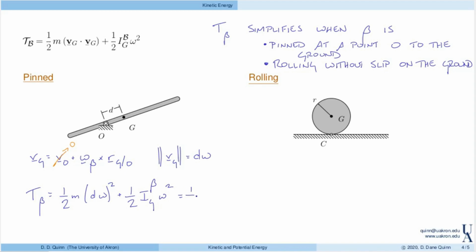So I can factor that out, and I get m d squared plus Ig, times omega squared. And you might recognize this. This is exactly the parallel axis theorem. So this, in fact, is I about O omega squared. Right? So again, this step going from this quantity in parentheses to here is the parallel axis theorem.